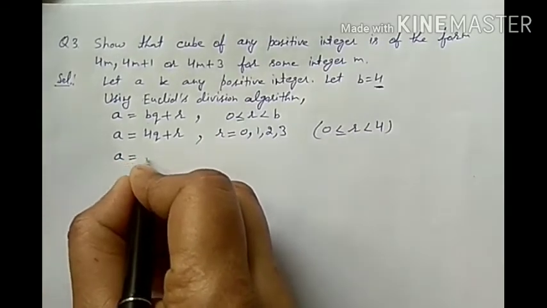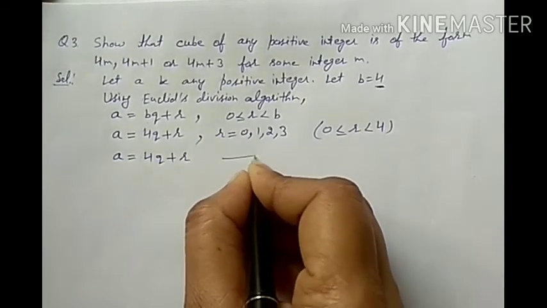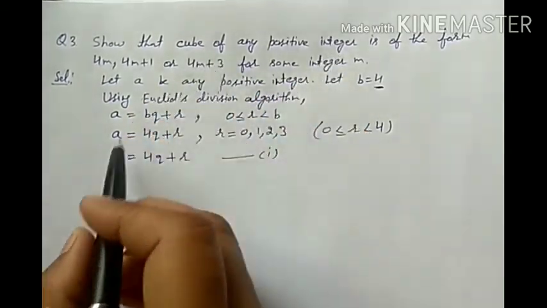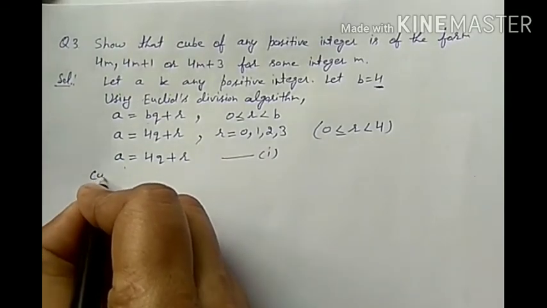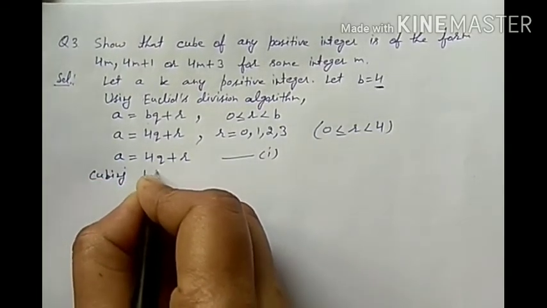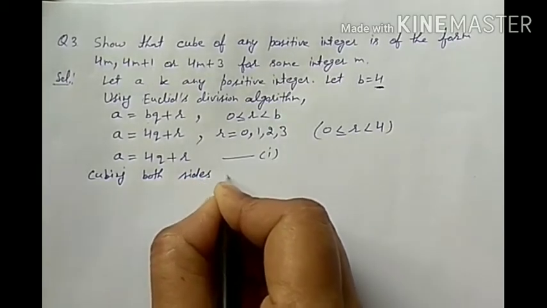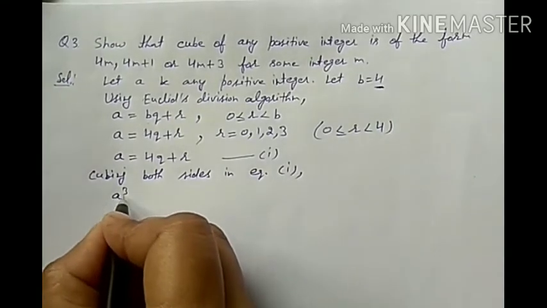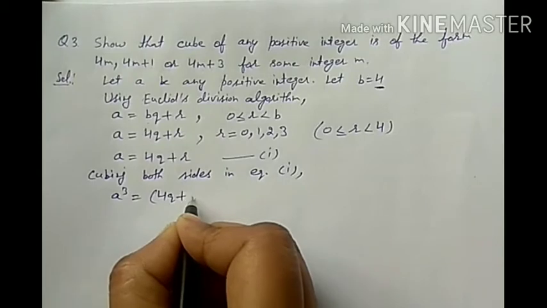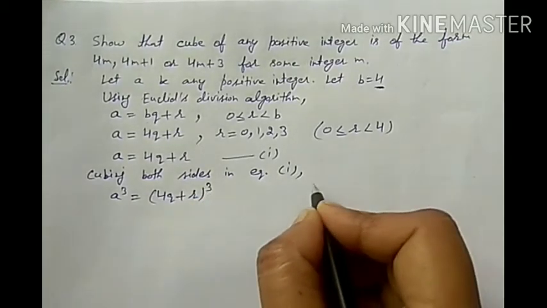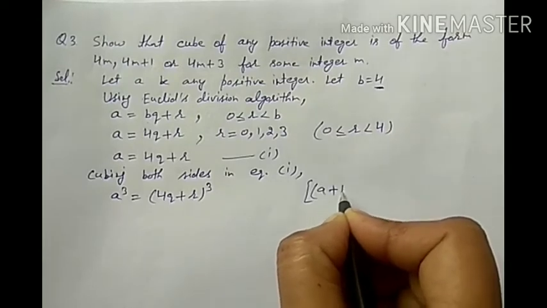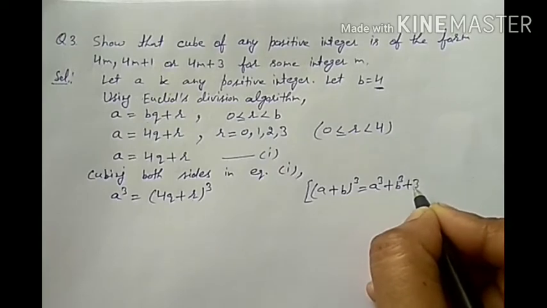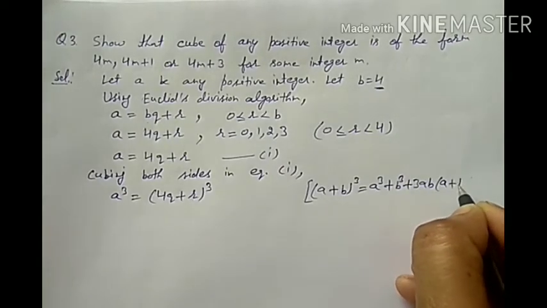So first we take it as equation 1, because we will do the cube of any positive integer, and our positive integer is a. So cubing both sides in equation 1. We know that (a plus b) whole cube is equal to a cube plus b cube plus 3ab(a plus b).